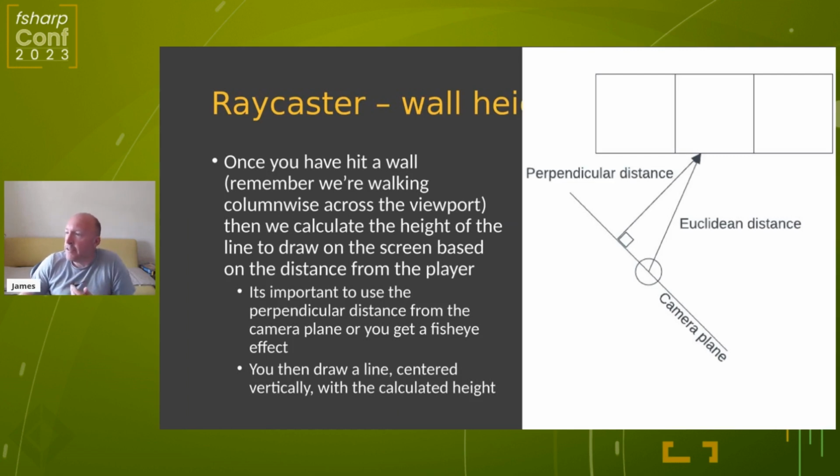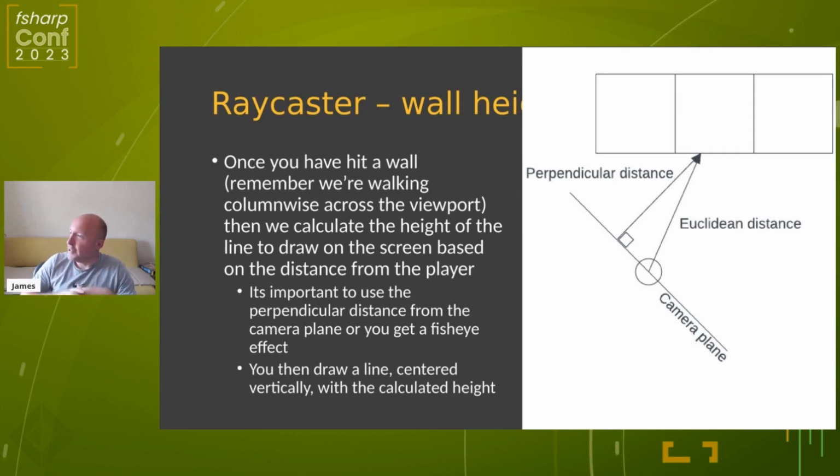The other thing you need to be able to do, and this is another one of the rendering tricks, is when you hit a wall, you get the sense of perspective by calculating how high the wall is that you need to draw by how far away that wall is from the player. As I've shown in the diagram here, what you could do is use the actual distance, the bird's eye distance, the Euclidean distance is the posh term for it.